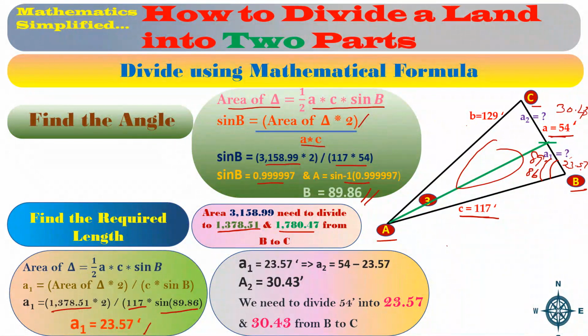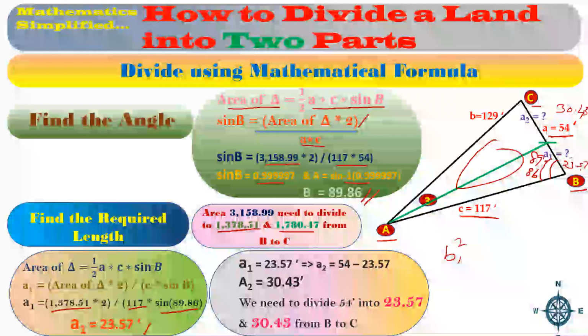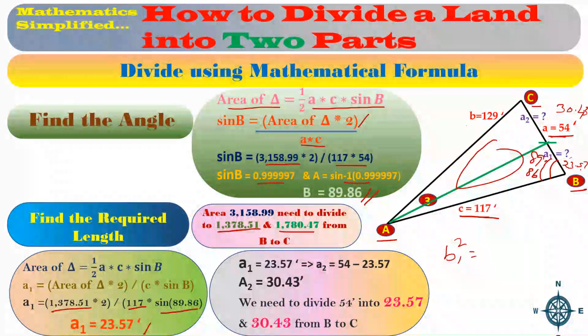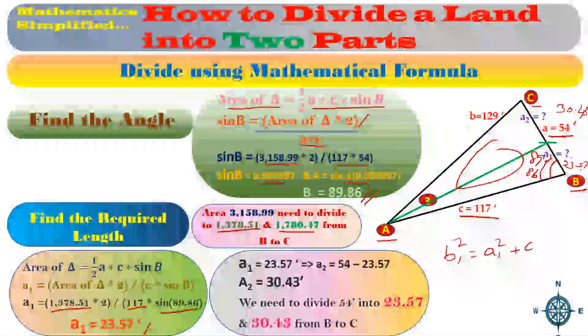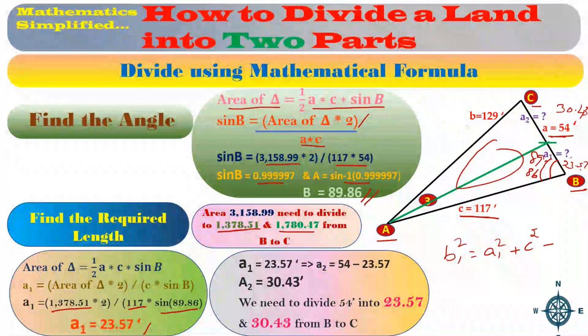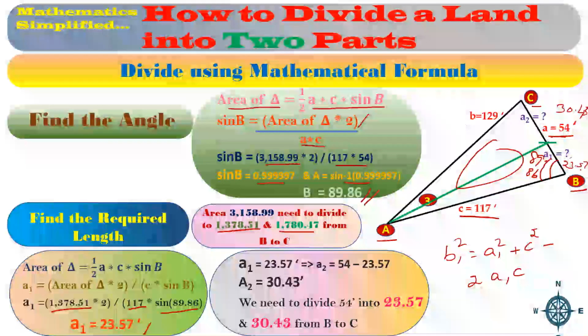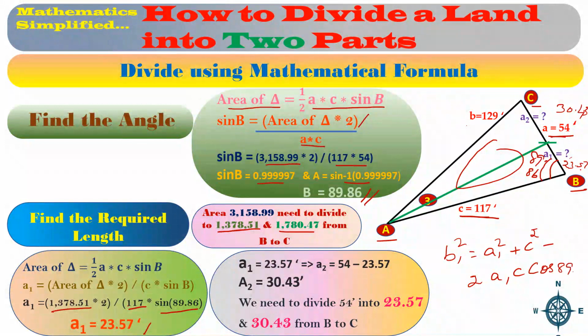We call this side B1. So B1 squared equals, one more formula is there, A1 squared plus C squared minus 2 A1 C cos of the angle, where the angle is 89.86.